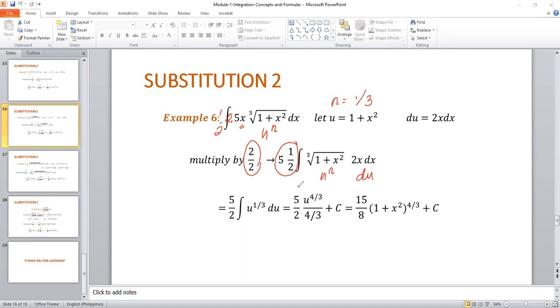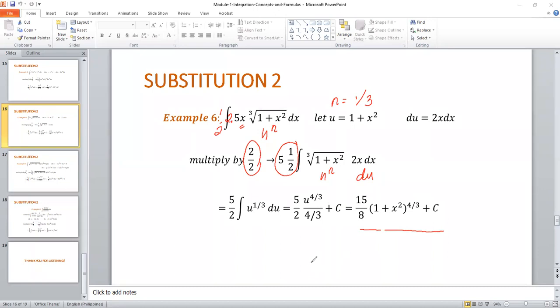This 5 times 1/2 is 5/2. Okay? This 4 and 3 will multiply with the 5/2 here. The 3 goes up, the 4 in here, so that's 15 over 8. Your u is 1 plus x squared and your n is 4 over 3. So this is your final answer.